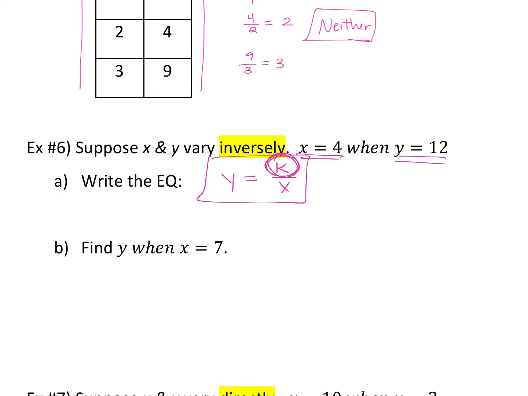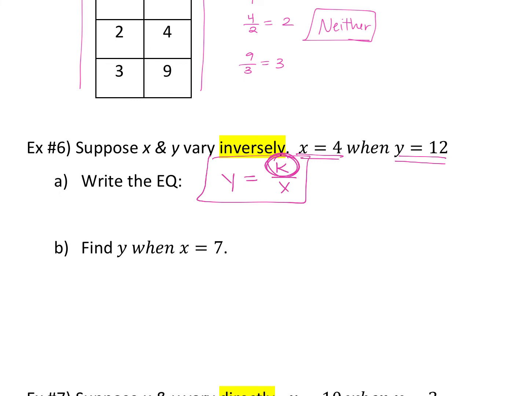So we need to write this equation, but you always have to put a number in for your constant. How can I find k in an inverse variation? Do I multiply the 4 and 12 or divide them? In an inverse situation? Oh, did I say inversely? I did say inversely. Sorry, you multiply them.